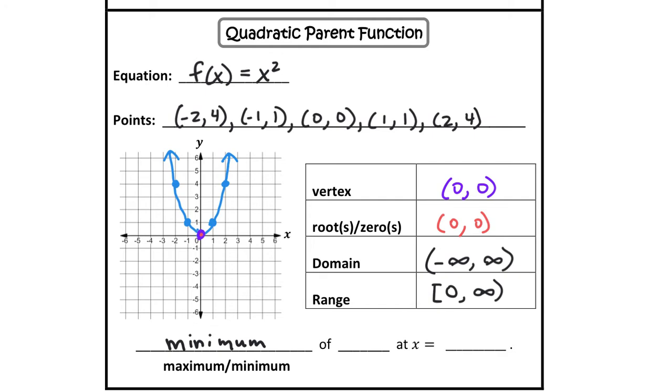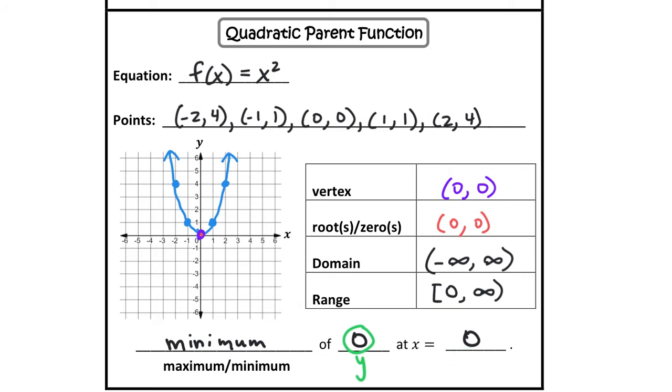Minimum of 0 at x equals 0. So this is like the y value. So at y equals 0, there's a minimum of a height of y equals 0 at the point x equals 0.